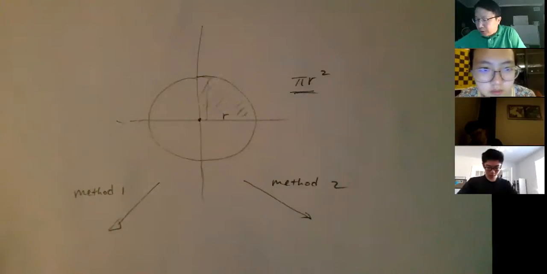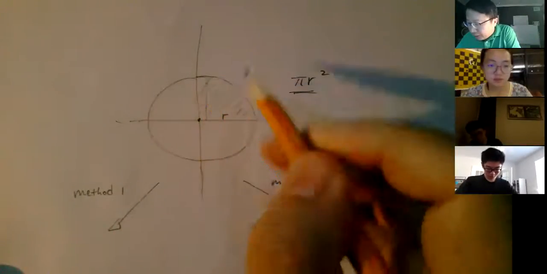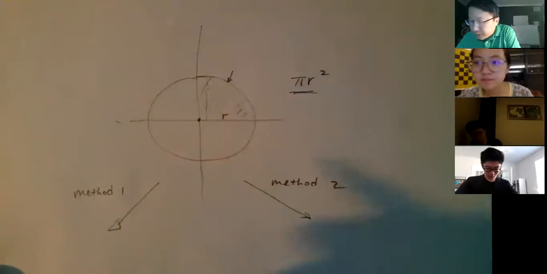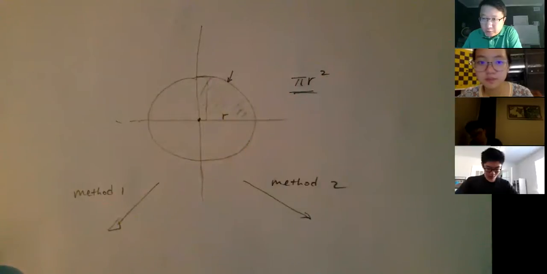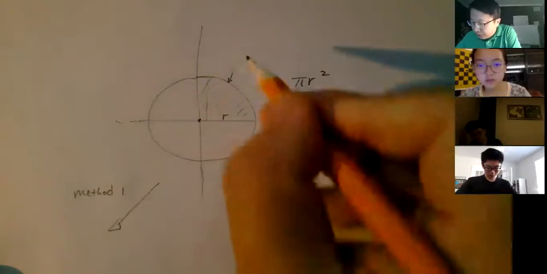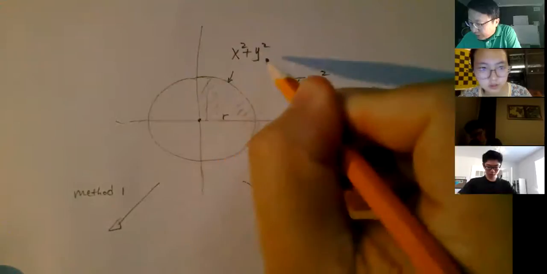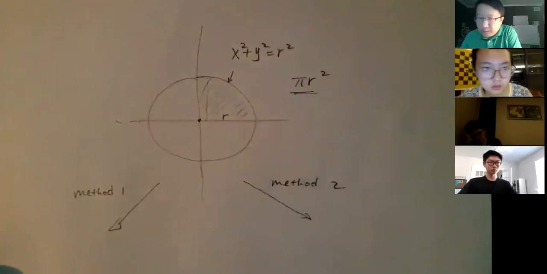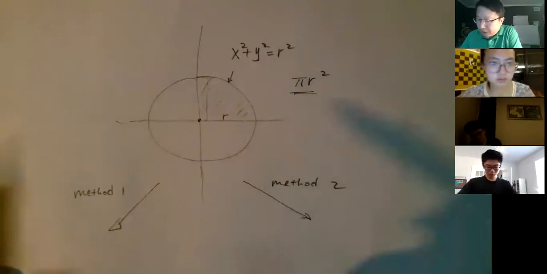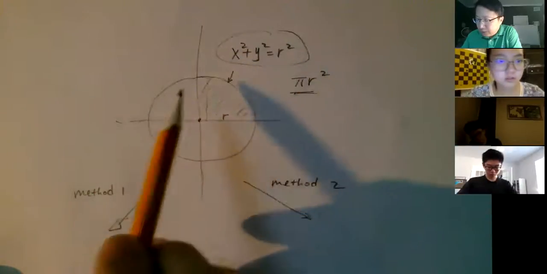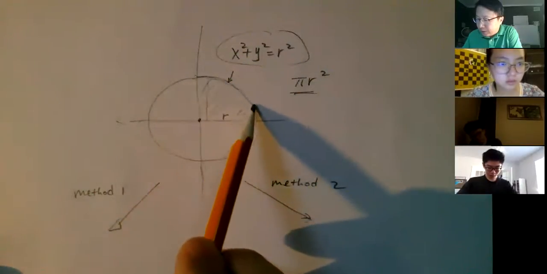Of course, in order to solve the area underneath, you need to know this function. So basically, the standard equation of the circle. The standard circular equation means x squared plus y squared, with the center at 0, equals r squared, correct? So that is a circular function, right? It describes this curve.